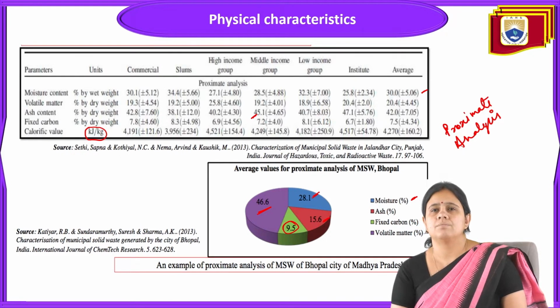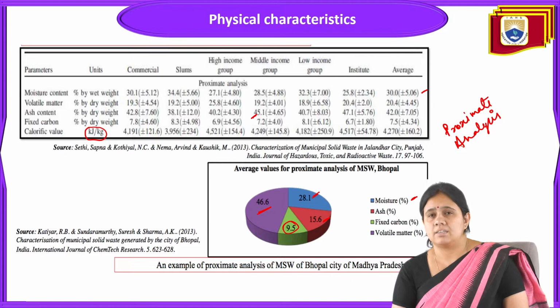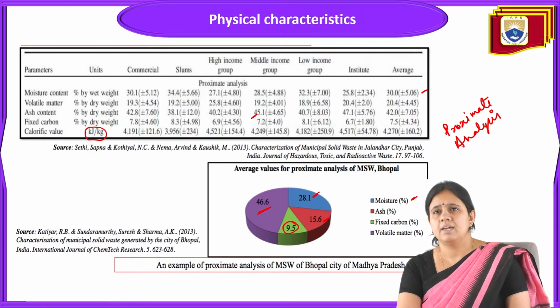For commercial area it is nearby 4,000, slum 3,900, 4,000, and 4,500 for the high income group. The middle income group is like 4,200, and the LIG group is approximately 4,000, the institute is also 4,500, and the average is 4,000 to 4,200.